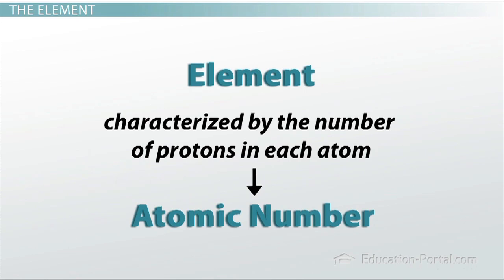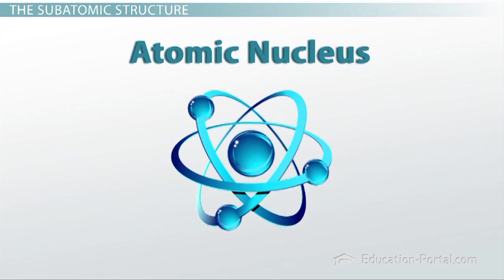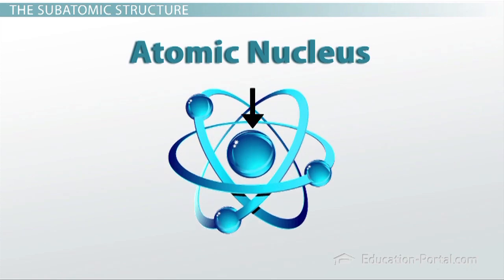Let's talk about how these subatomic particles are actually organized within the atom. In this case, let's talk about it as the atomic nucleus. What we find inside of the nucleus are protons and neutrons. And the electrons are out here orbiting around our nucleus. A simplistic way of thinking about this is kind of like a planet orbiting around the sun.